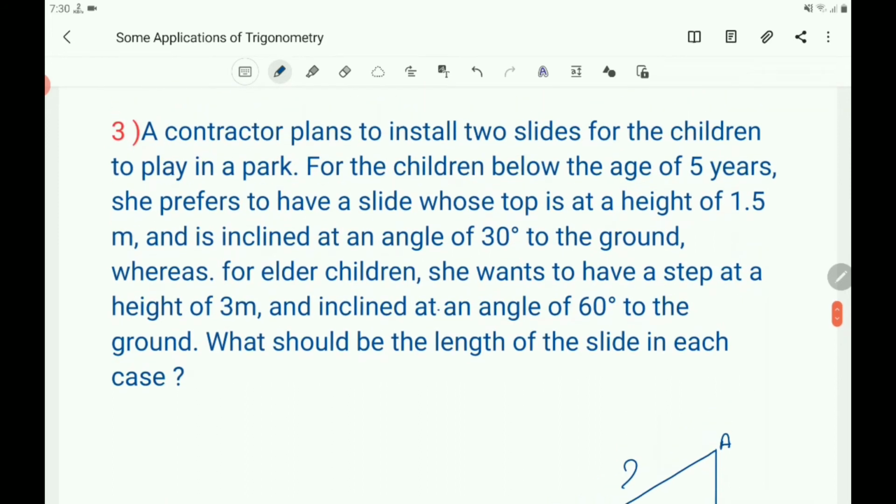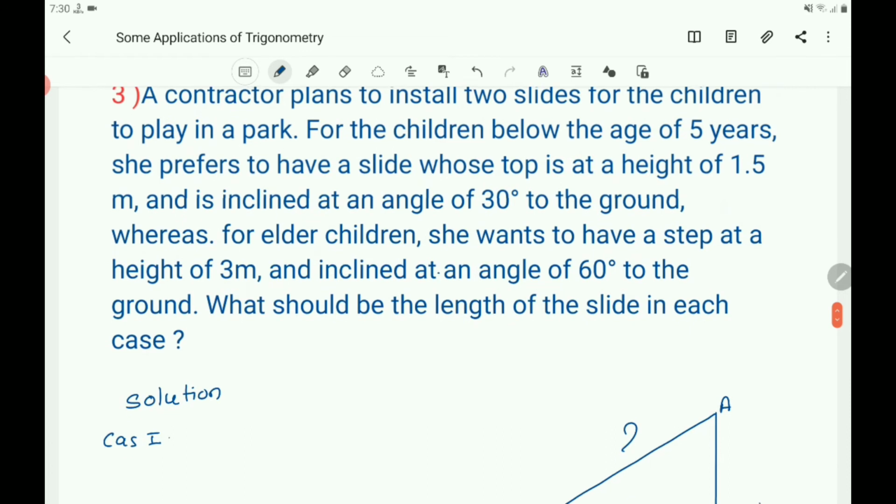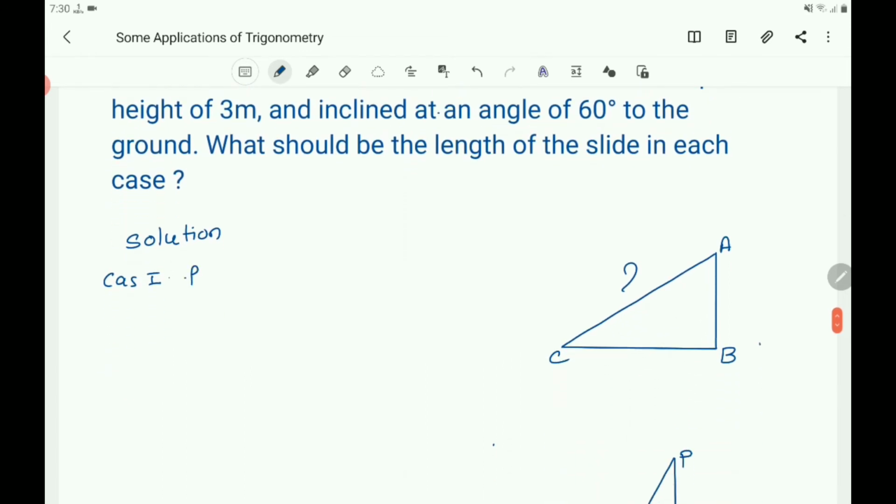Now let us write the solution. Case 1. That is for the slide for the children below the age of 5 years.